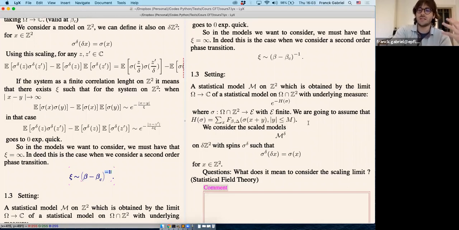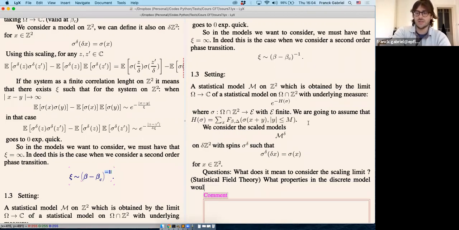It's a field theory, which means we have symbols, we have correlations and so on. But all those correlations can be obtained as limits of correlations in a statistical model. So what does it mean, and what properties in the discrete model would lead us to the fact that the limit is a CFT?